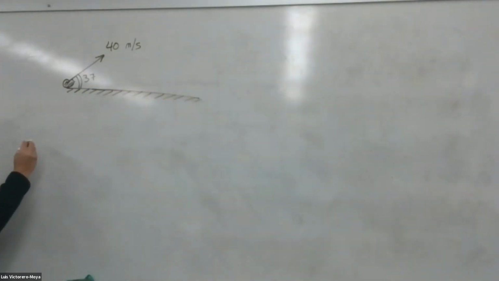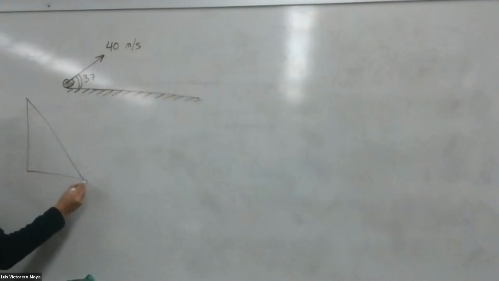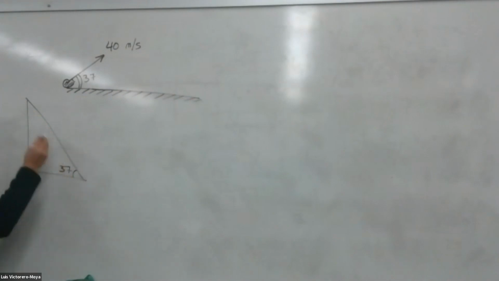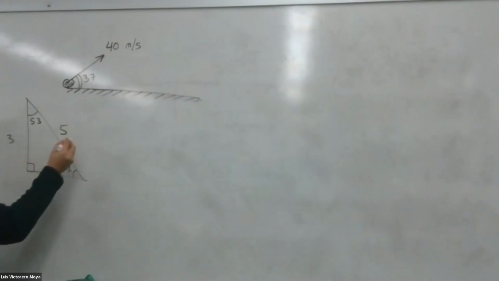For the 3, 4, 5 triangle, this is what you need to know. If this angle is 37, this angle is 53. The ratio of the sides are like 4, like 3, like 5. All right? That's another triangle that you can use.